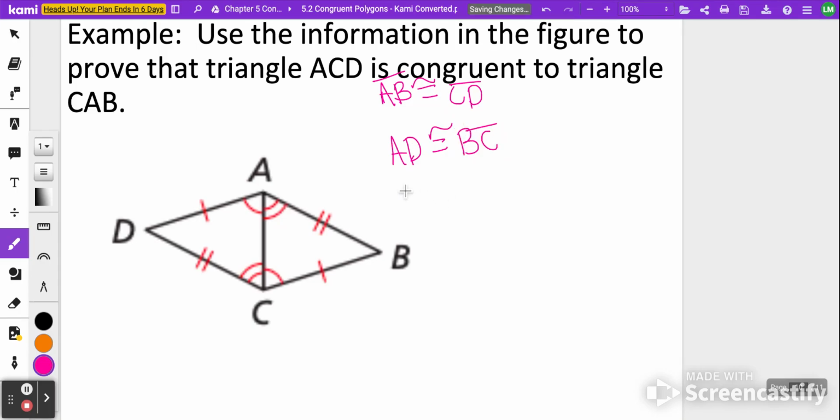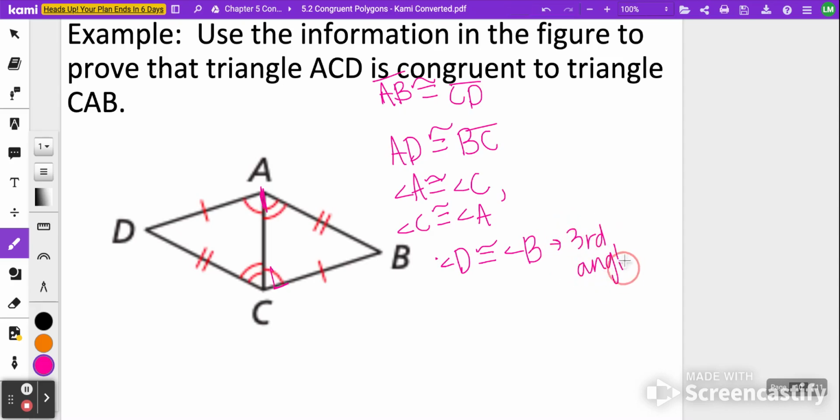And I know that angle A on this side matches angle C. So by default, if angle A is congruent to angle C and angle C is congruent to angle A, by using the third angle theorem, angle D should be congruent to angle B using that third angles theorem.